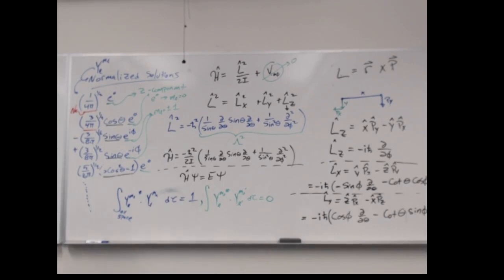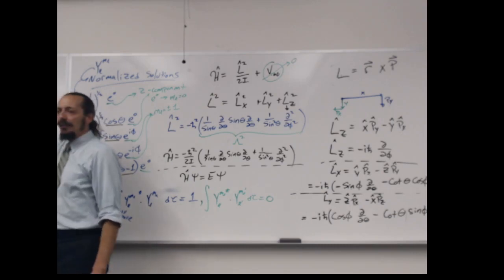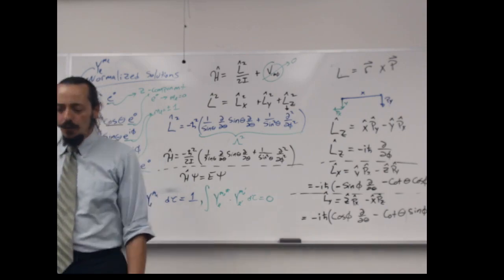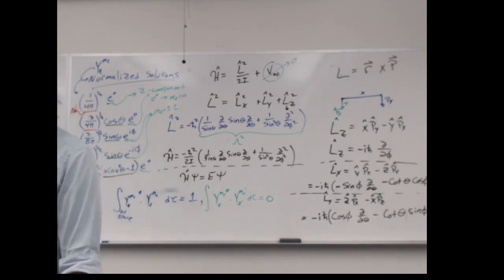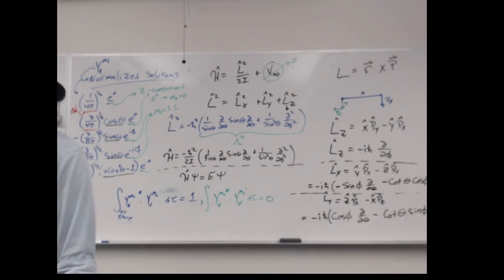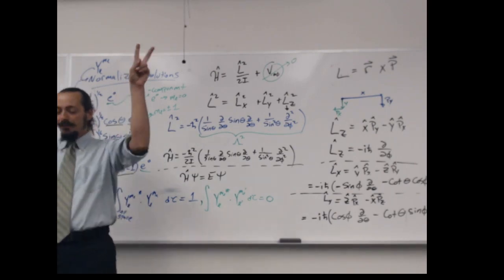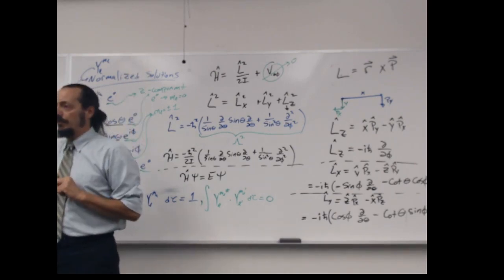So it turns out, over here where I said we're going to get to in the end, we used LZ and L squared, right? And I didn't say why I used LZ and L squared. But it turns out, whenever we're trying to define a system, and we want to do it with as much accuracy as possible, there's a special phrase we use, which is the maximum set of commuting operators.